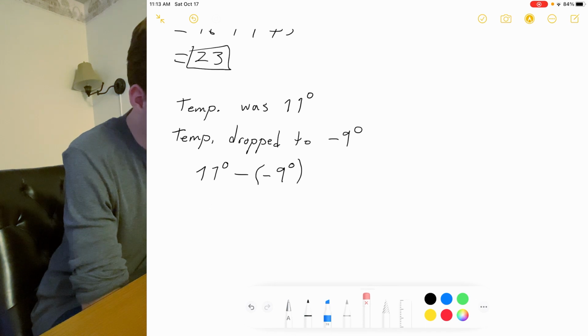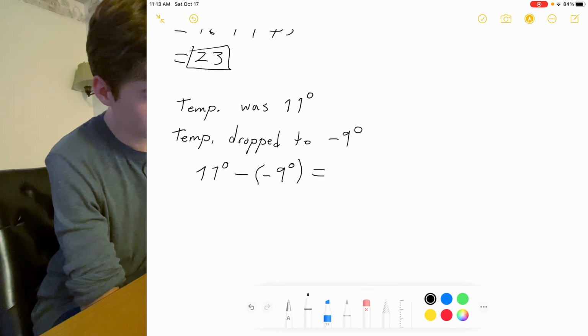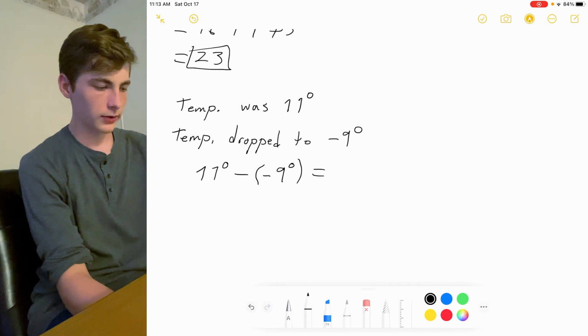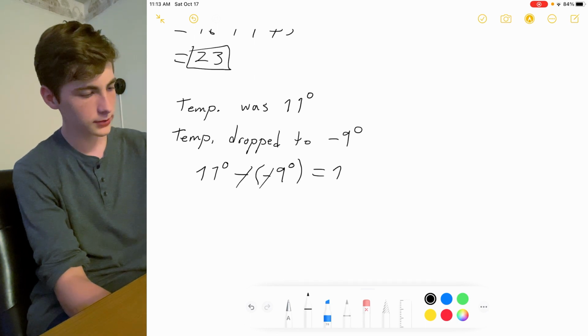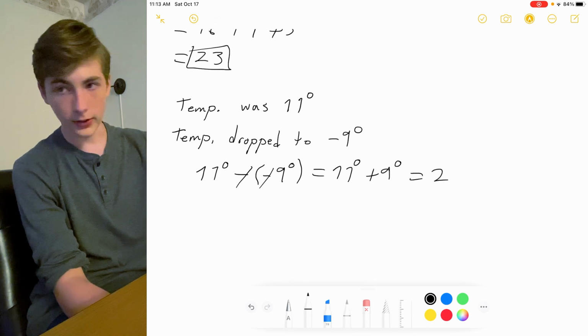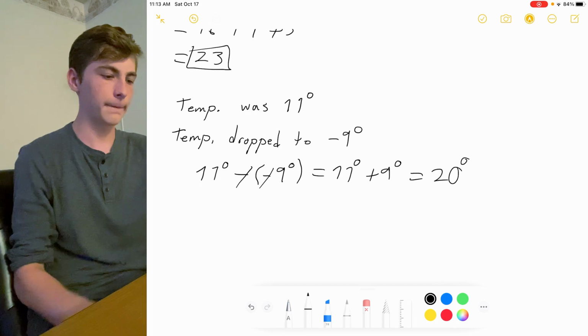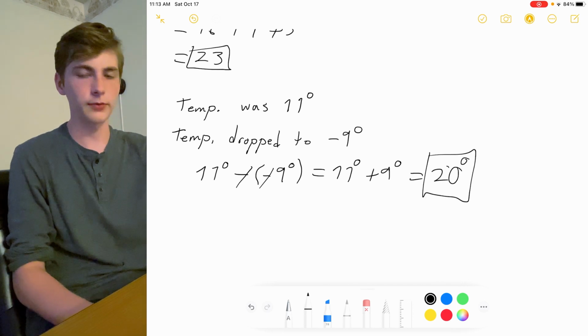So 11 degrees minus -9 degrees is going to equal, those negatives cancel and make a positive, so 11 degrees plus 9 degrees, which is going to give us a 20 degrees difference. So that would be our answer.